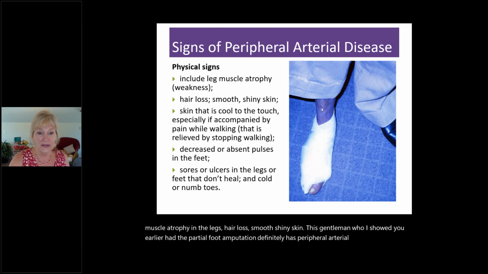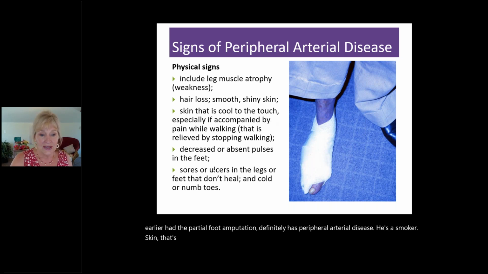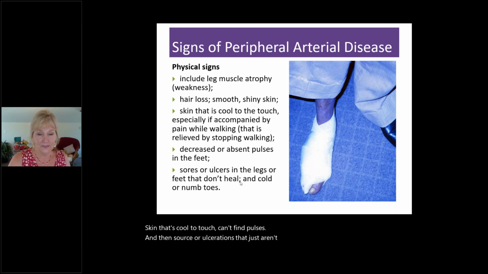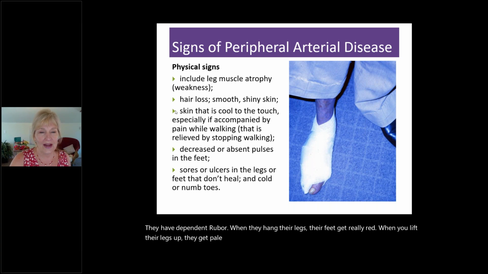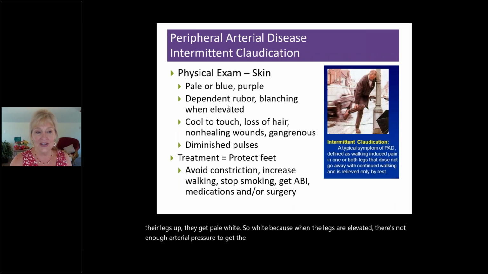He's a smoker. Skin that's cool to touch, can't find pulses, and sores or ulcerations that just aren't healing. They have dependent rubor. When they hang their legs, their feet get really red. When you lift their legs up, they get pale white, because when the legs are elevated, there's not enough arterial pressure to get the blood to the feet.